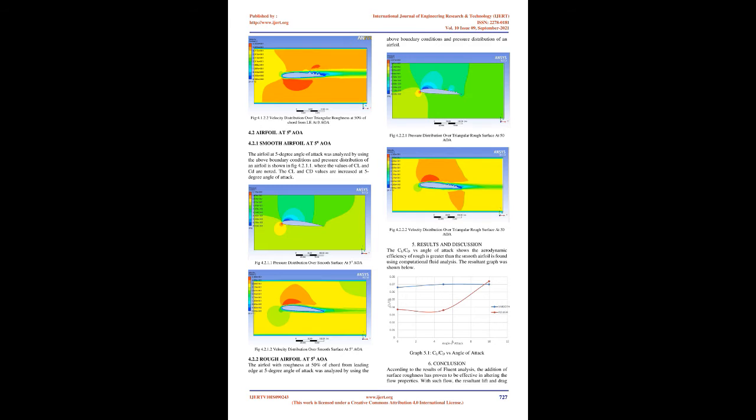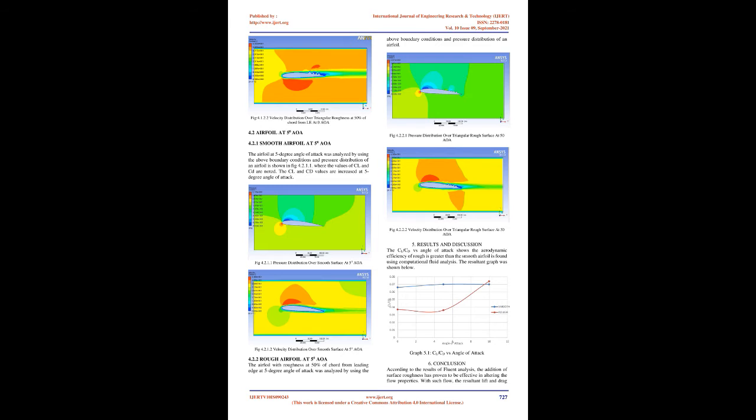NACA 2412 aerofoil was designed by using CATIA software. The V5 version has been used for designing. The chord length of our NACA 2412 aerofoil is 15 cm. Spanwise length of the aerofoil is 30 cm. Maximum camber thickness of the aerofoil is 1.74 cm.